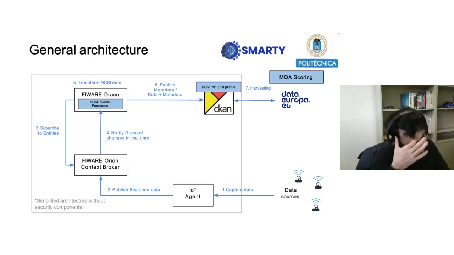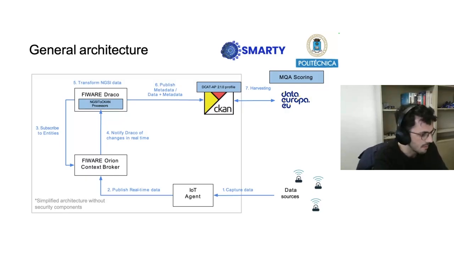And then in CKAN, what we have done is an extension that implements DCAT-AP. There were previous versions that implemented DCAT-AP, but when we tried them, we faced some problems of compatibility, so we fixed that. And we also added to this extension an OAI-PMH server in order to be harvested by data.europa.eu.